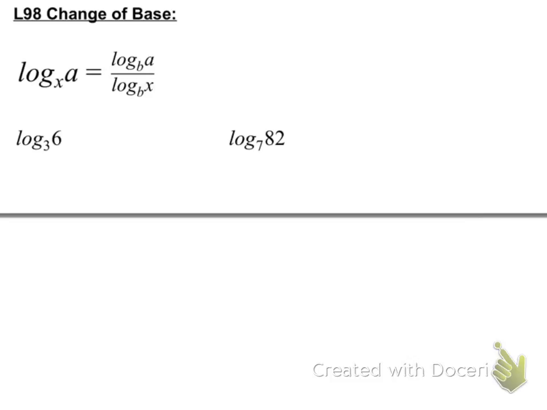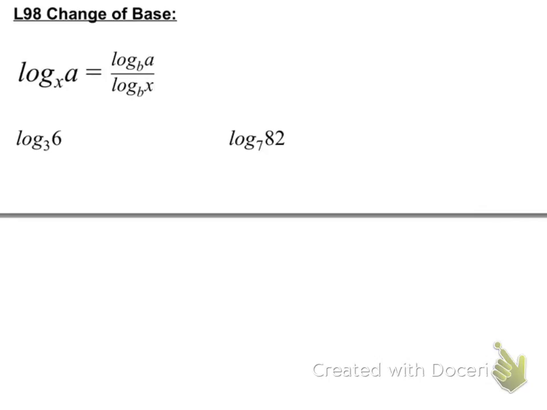We use something we call the change of base. The change of base, guys, takes a log that has an unknown base, like not a 10 or an e, and we change it to any base I want.